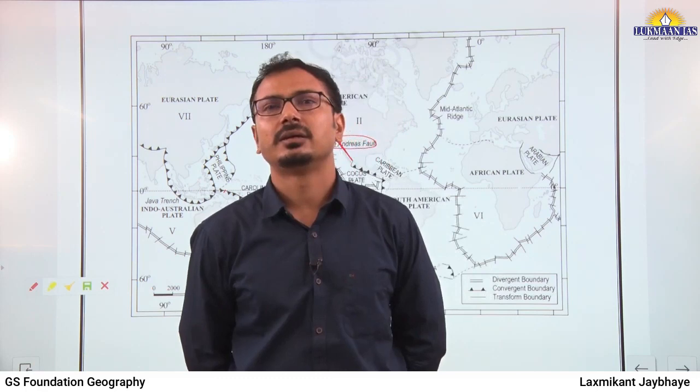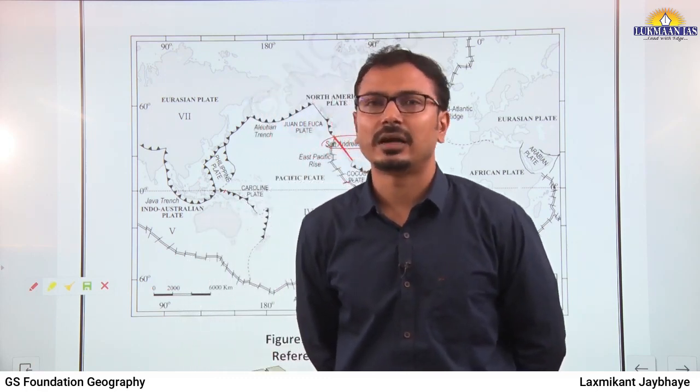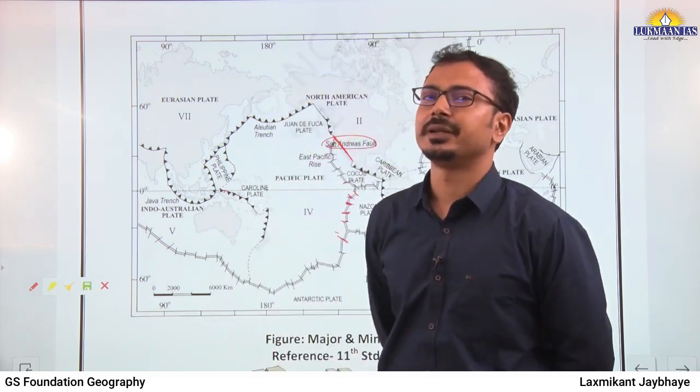Sir, there are also some mountains in the African region, Mount Kilimanjaro and Mount Fuji. Yes, these are volcanic mountains, but they are along the plate margins, part of the circum-Pacific ring.